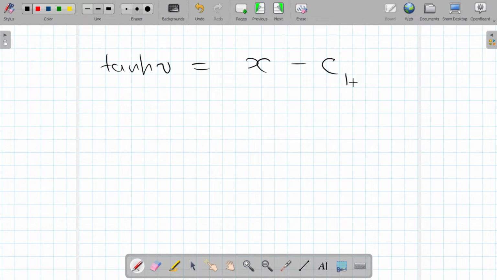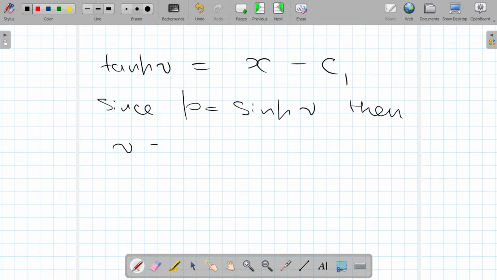So we've got that, but we need to recognise that since p equals sinh v, then v is obviously the arcsinh, if you like, written in this form of p.